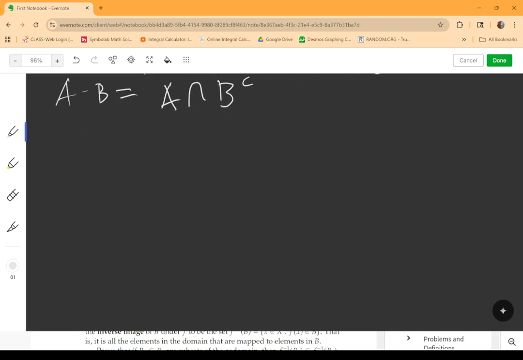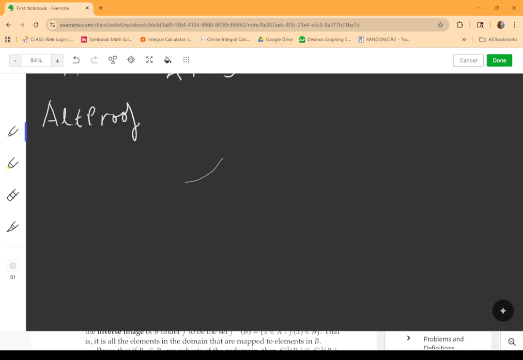Now there's an alternate approach here if you don't like the set builder notation.